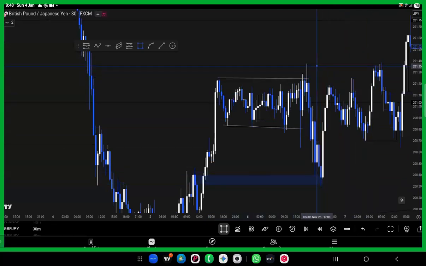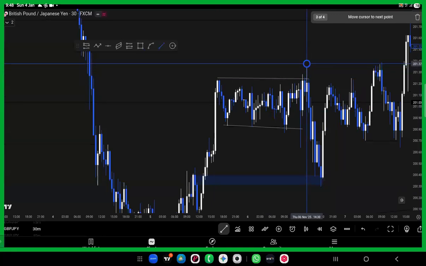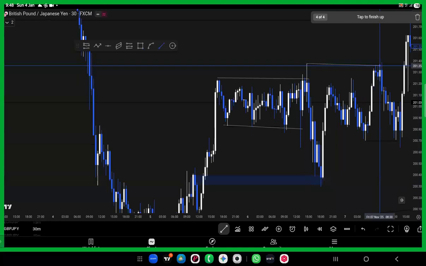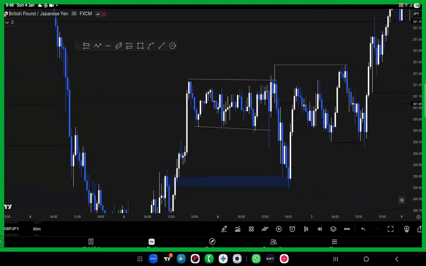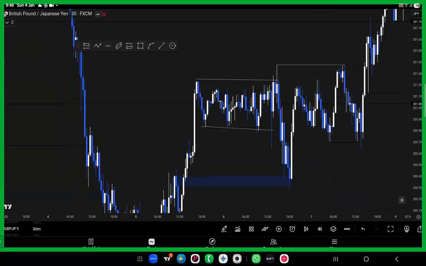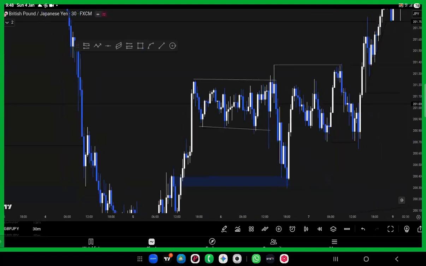And you can see the target was smashed. Now, just a tip for your target. Use liquidity as your target because you now know that markets move towards liquidity. So your target should be a liquidity level, right? Because that's the reason why markets will go to that particular level. So make sure that your target is a liquidity level.